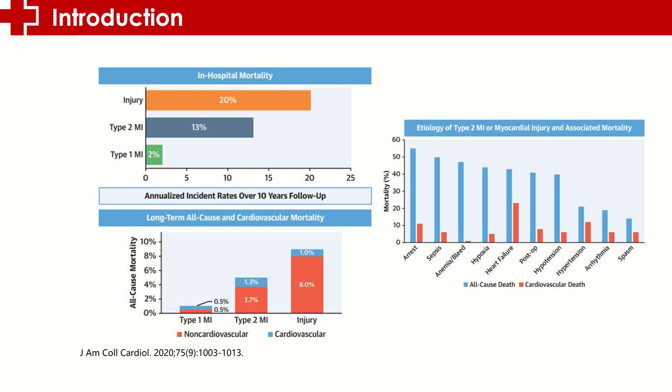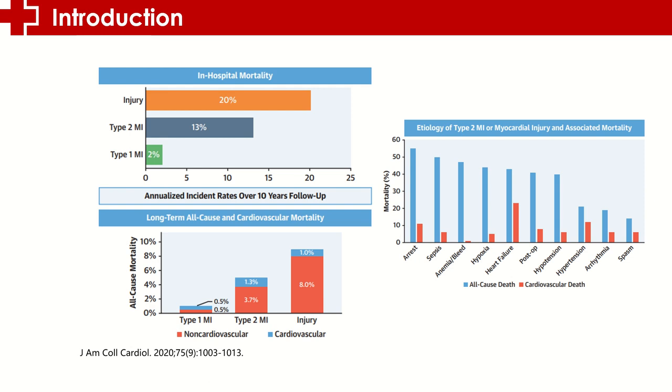The in-hospital mortality is about 20% for myocardial injury, and the type 2 myocardial infarction mortality is 13%. The long-term all-cause and cardiovascular mortality of type 2 myocardial infarction is 1.3%, the major mortality in cardiovascular disease.